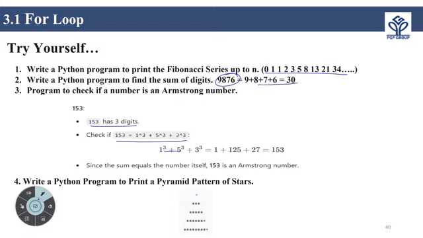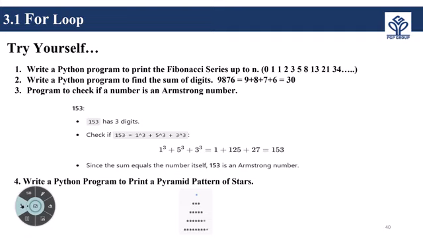So these 4 are try-yourself, this is an assignment for you, clear. I already explained the methods, how to execute it and how it works in our Python programming, so we can try, okay.